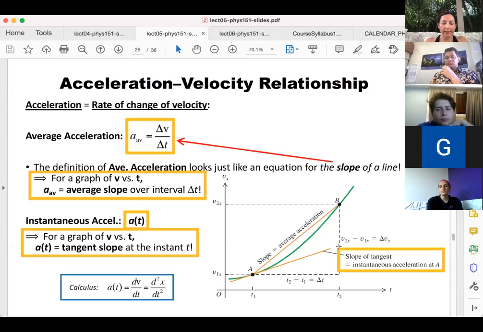While the instantaneous acceleration is the slope of the tangent at this particular position, which is given by the second derivative. So for the velocity, you have to take the derivative versus time of the displacement. For the acceleration, you have to take the derivative versus time of the velocity, which means the double derivative of the position versus time.